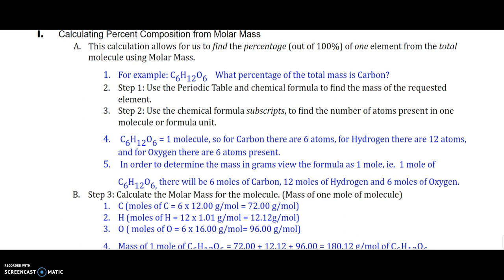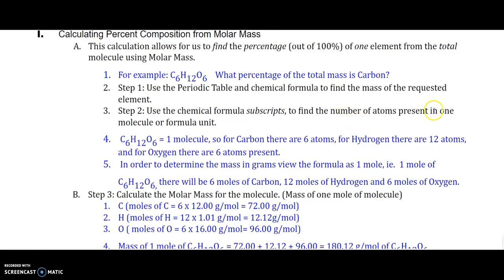Therefore, in order to determine the mass of 1 mole, I have to take those individual amounts of 6 moles of carbon, 12 moles of hydrogen, and 6 moles of oxygen and multiply each by its molar mass.